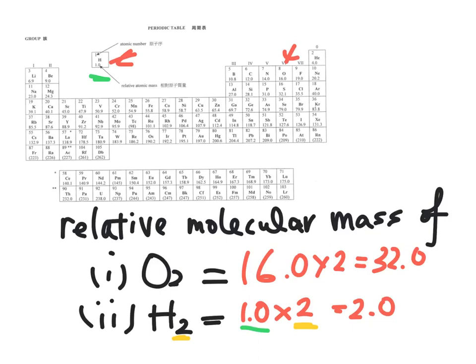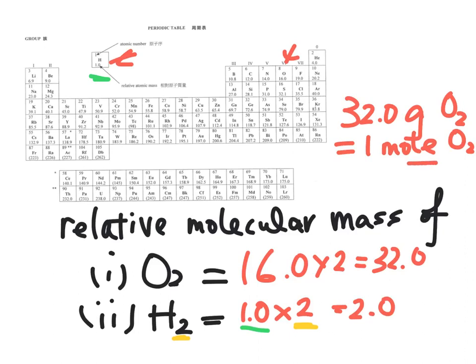If we have 32.0 gram of oxygen O2, then we have 1 mole of O2. Now you may be puzzled, what is the meaning of mole? I will tell you later on. Likewise, if we have 2.0 gram of hydrogen H2, then we have 1 mole of hydrogen H2. The meaning of mole we will discuss later on, which appears on page 71 as well.